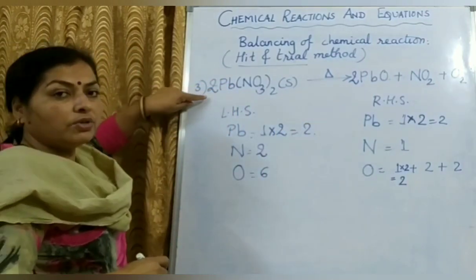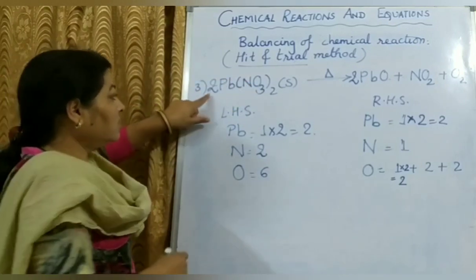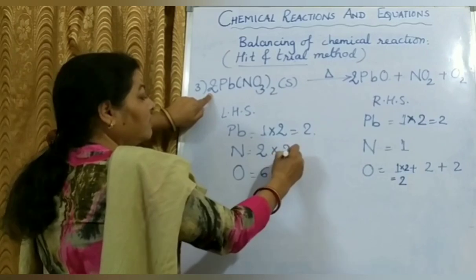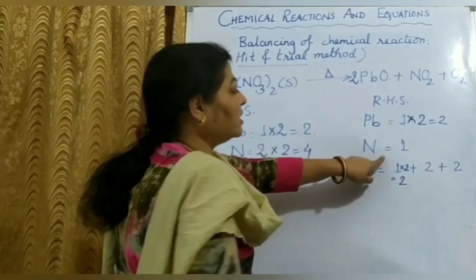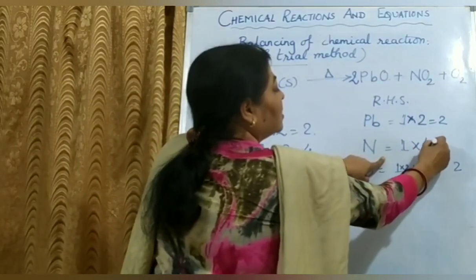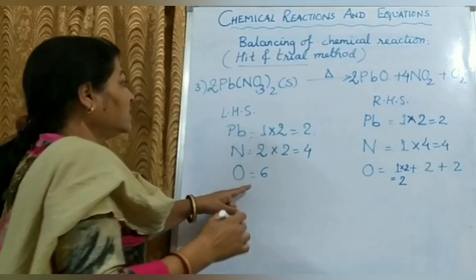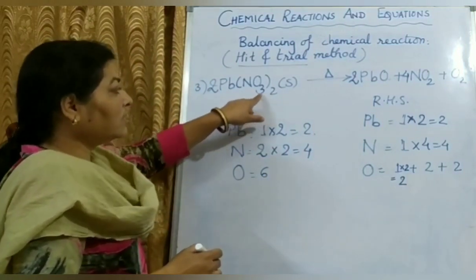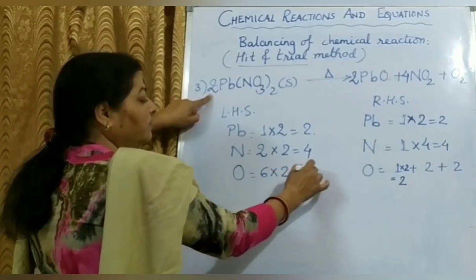Now by putting 2 here, nitrogen, oxygen, everything gets changed. So nitrogen, whatever number it is, we multiply it by 2, it becomes 4. Now this change I have to make in the equation. Same way for oxygen, it was earlier 3 2s are 6, now 6 2s are 12.